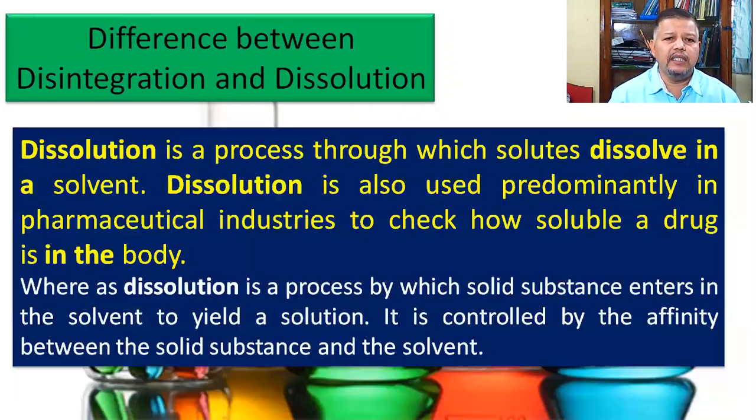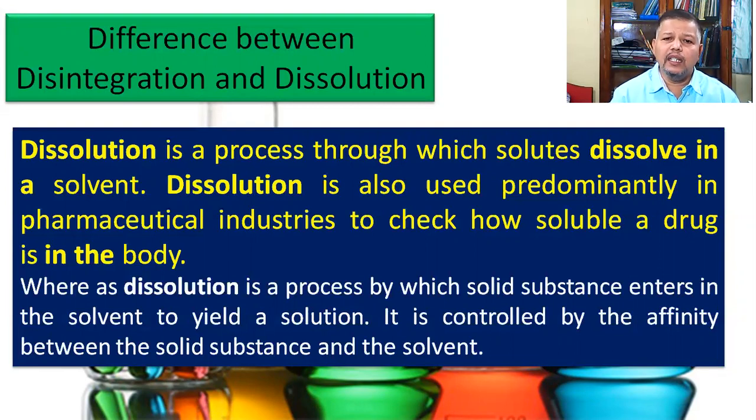This is disintegration. While dissolution is a process through which a solute dissolves in a solvent, it is also used predominantly in pharmaceutical industries to check how soluble a drug is in the body.